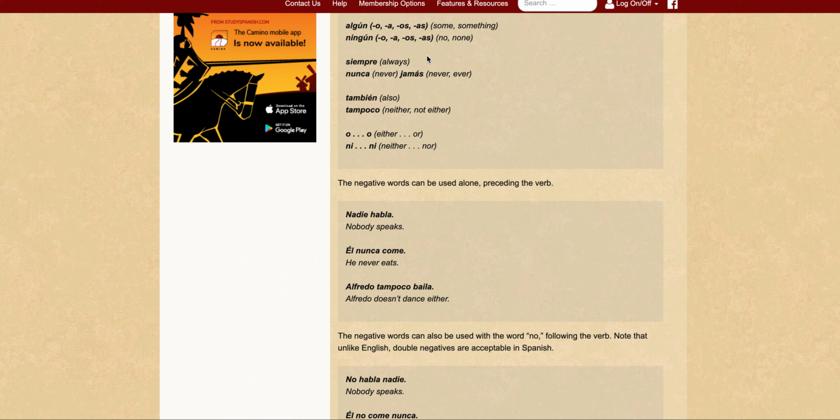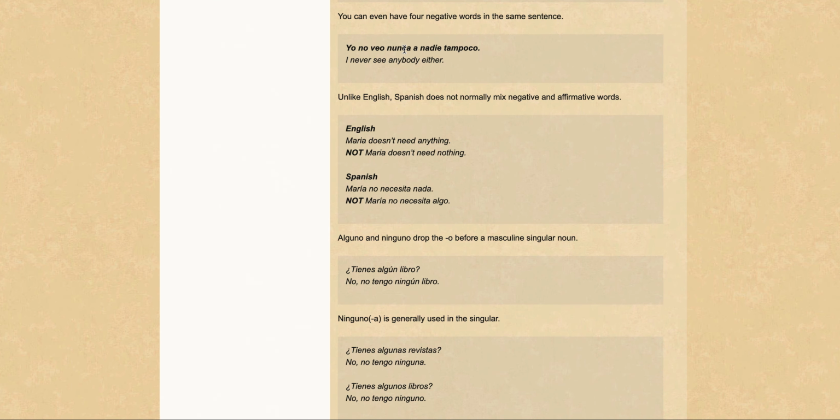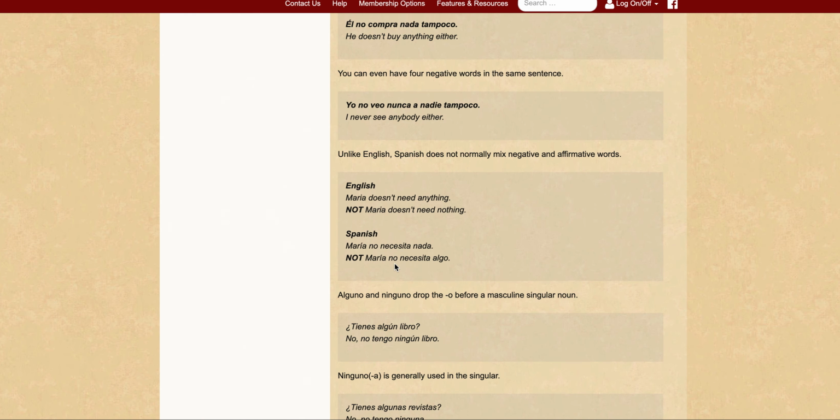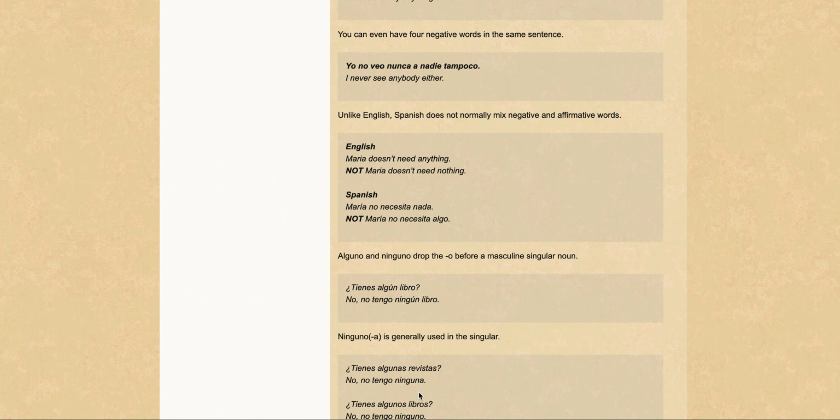So if that's the case, it should technically be ninguna. We have a similar question here: tiene algunas revistas. No tengo ninguna. No tengo ninguna revista. So that's what I was talking about, ninguna. That's the reasoning behind it.